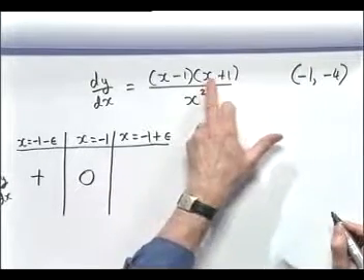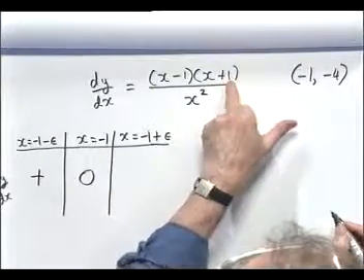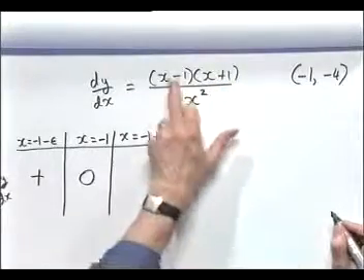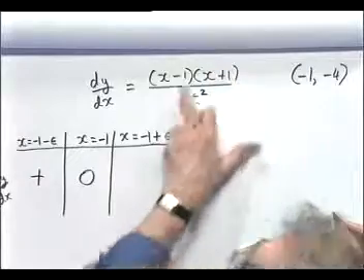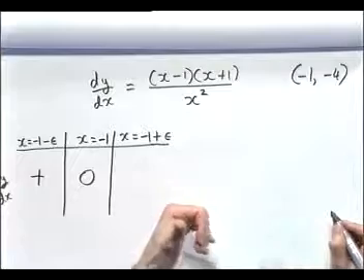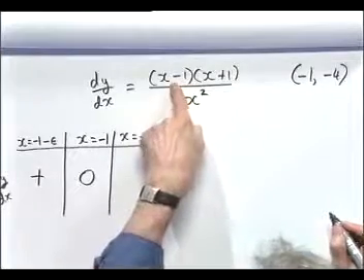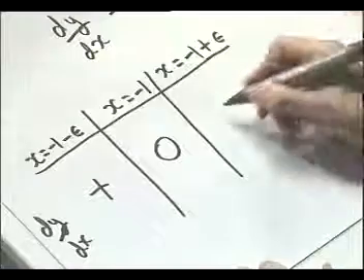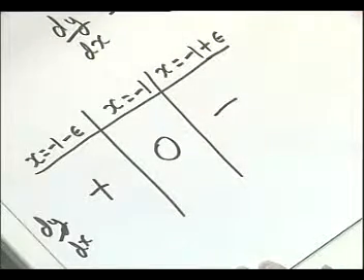I've got minus 0.9 plus 1. Well, that's 0.1. It's positive. So I have a negative times a positive, and this term, x squared, is always positive because it's a square. So we've got a negative times a positive divided by a positive, so our answer must be negative.